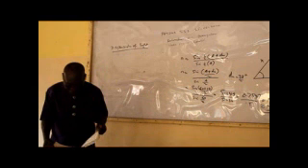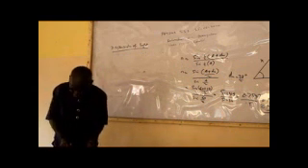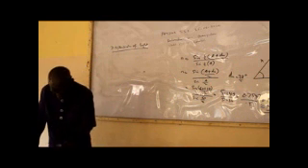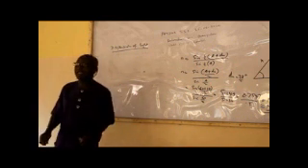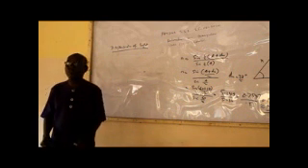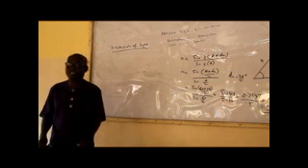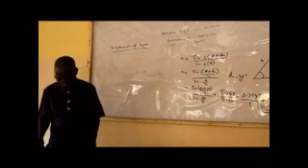So if you follow my explanation, dispersion of light means separation of white light into its 7 component colors. So that is dispersion of light.